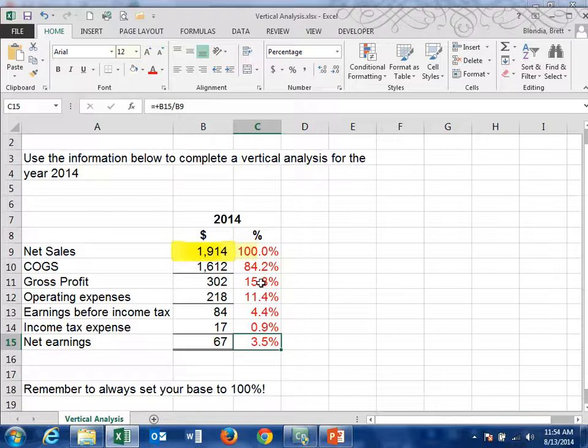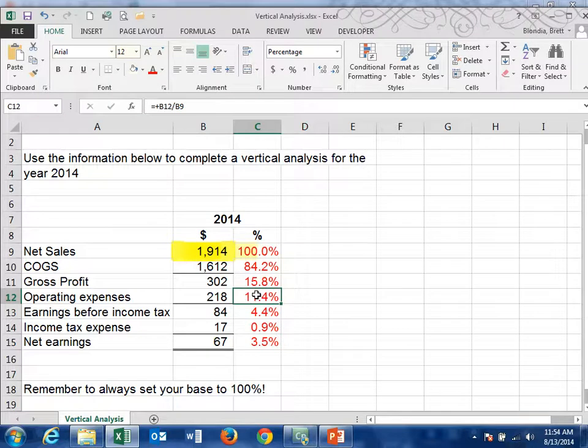But if then I came down to the net earnings figure and I saw that my net earnings were 3.5% of net sales, and my main rival was at 6%, well, all of a sudden I've got a bit of an issue there. I was doing better than them up until the gross profit line, but by the time I get to the bottom of my statements, they're actually doing quite a bit better. So where's my issue? Well, it can lead me to the question of whether my operating expenses are way higher than theirs.